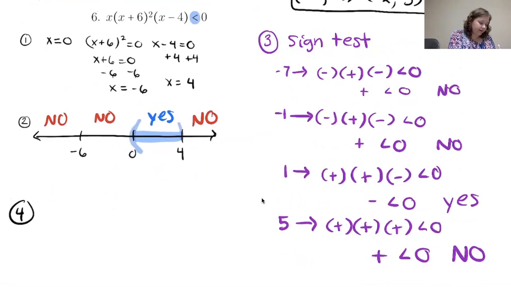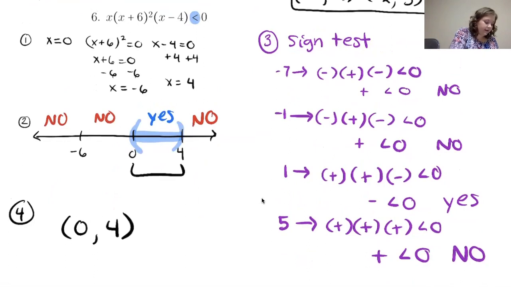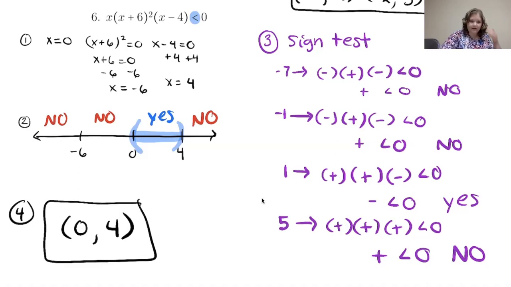So parentheses around 0 and around 4. And so our final answer is just that interval, 0 to 4, both with parentheses. And since there's not more than one interval, no need for a union sign. Okay, so that's our final answer for step 4.